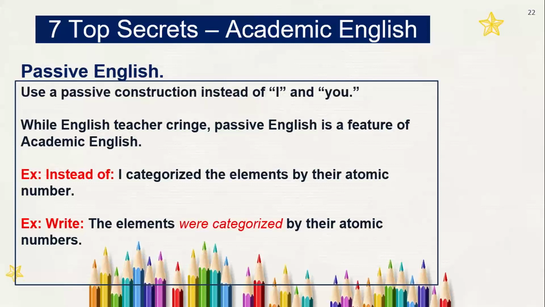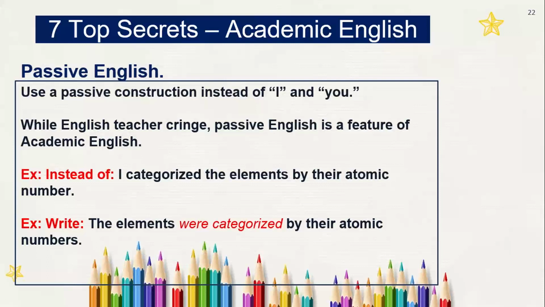So you take the active here, use an I, put it into a third person passive with the past tense of is, which of course in this case would be were to agree with elements, and then the ed form of the verb, were categorized. The elements were categorized by their atomic numbers. So passive English is a way around using I and you.